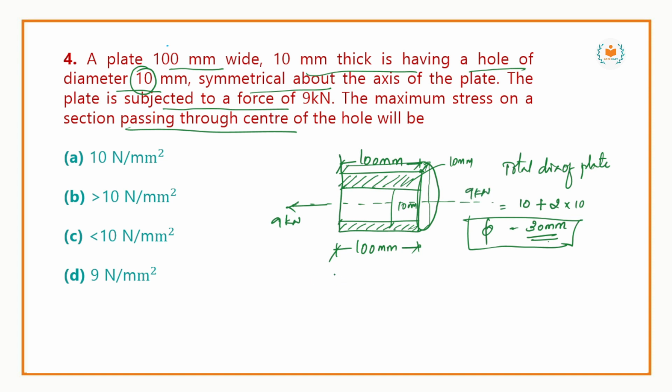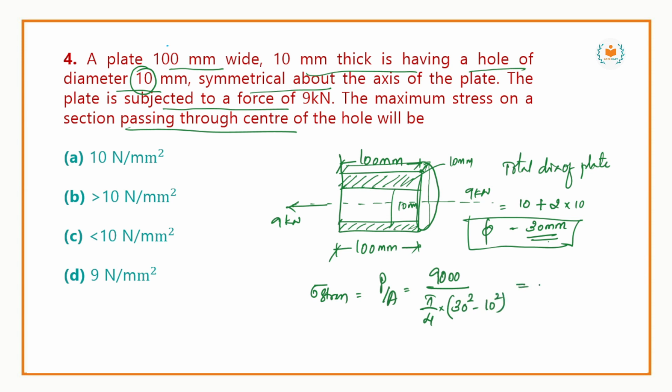Now what is supposed to be determined here is the stress. Stress sigma, what we call it, is the load divided by the cross sectional area. So load, 9 kilonewton means 9000 newton, divided by pi by 4 into, what I will be doing is I will take the outer diameter squared minus the inner diameter squared. So outer diameter is 30 square minus 10 square.